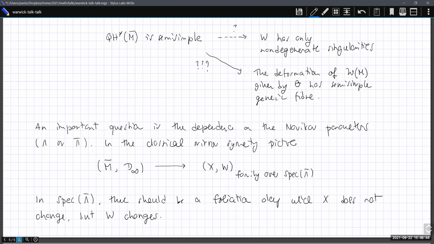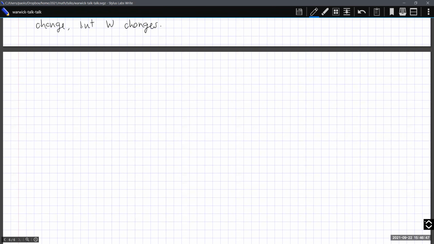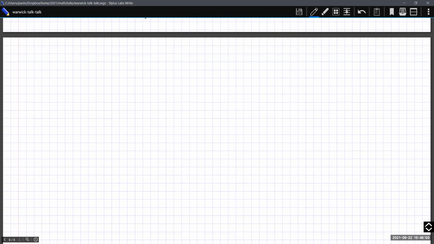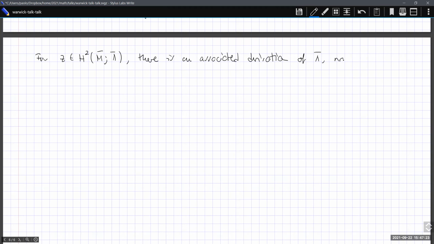So what can I say about this? What I can say is a bit tentative, especially in this particular context. Let's go back to this Novikov field. For Z in H2 of M bar lambda bar, there is an associated derivation of lambda bar, namely d_Z.